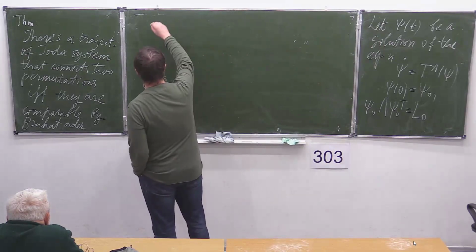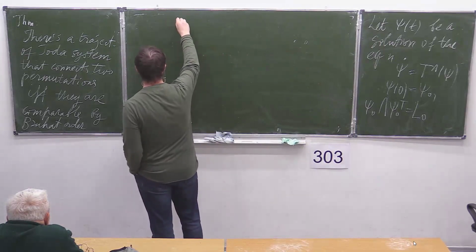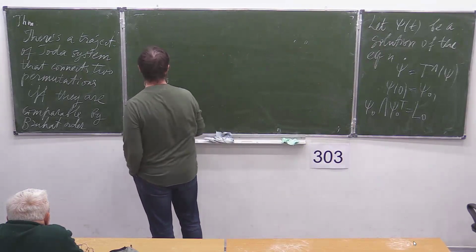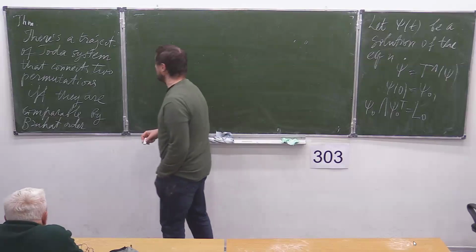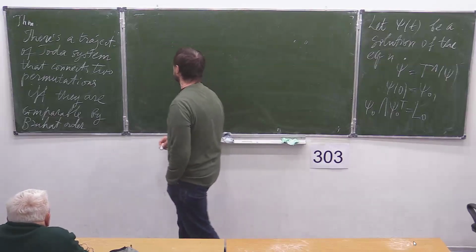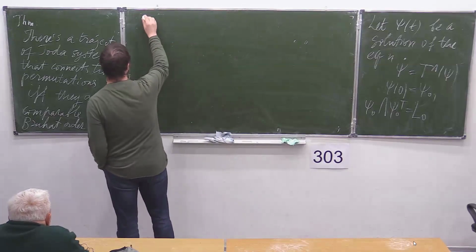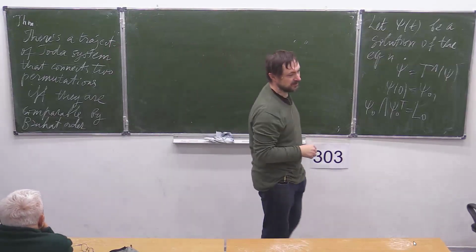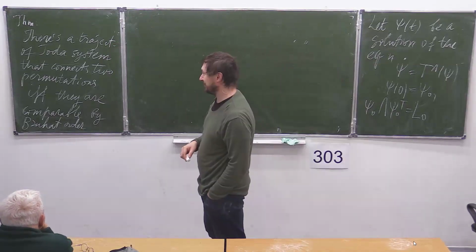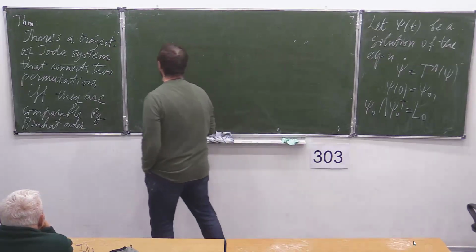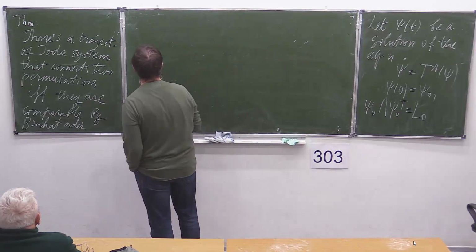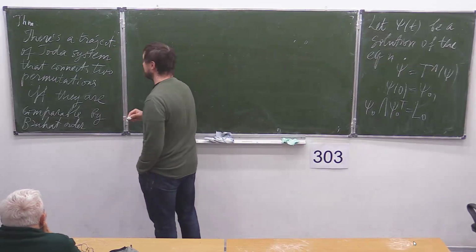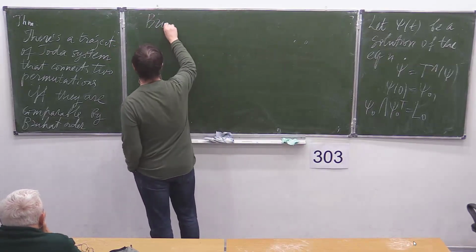Bruhat order is the order on symmetric groups. I just don't remember the details. I know how to do this in Coxeter groups, and of course, since the symmetric group is a Coxeter group, you can rephrase it in terms of the symmetric group as well. But I prefer to give a more down to earth definition. I try to remember it.